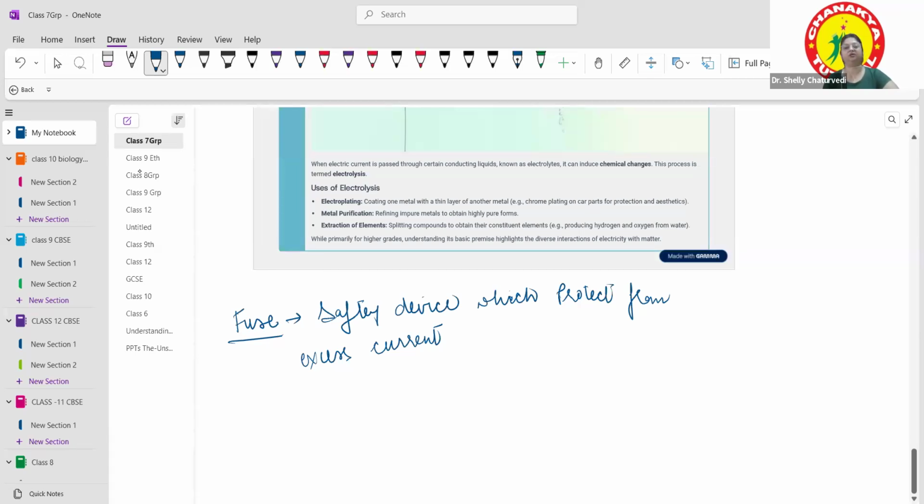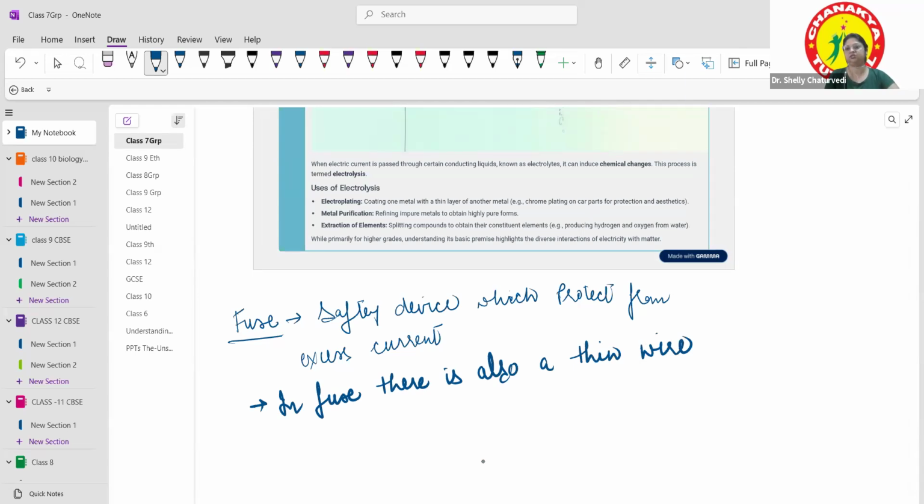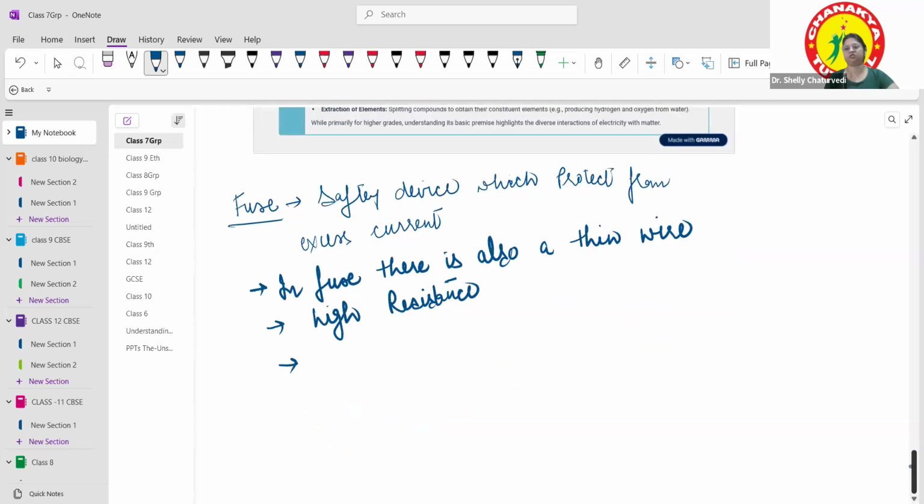But this thin wire has different properties. What are the properties? Number one, it has high resistance. Number two, it has a low melting point. So unlike the tungsten wire, it has a low melting point, and it is made up of an alloy.